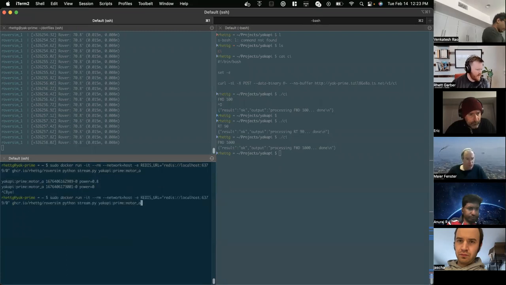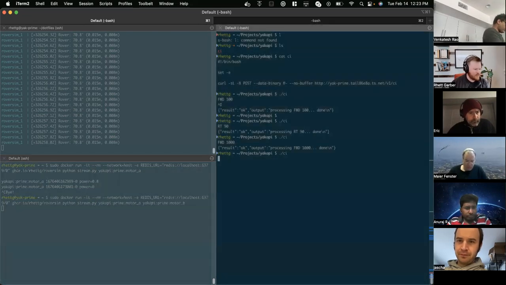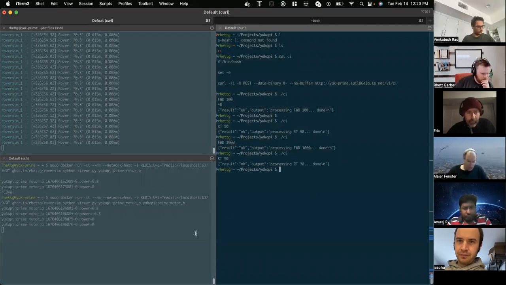Yeah, and I think I can also do more. Redis is more like a log of the commands. I'm using it kind of like a log.